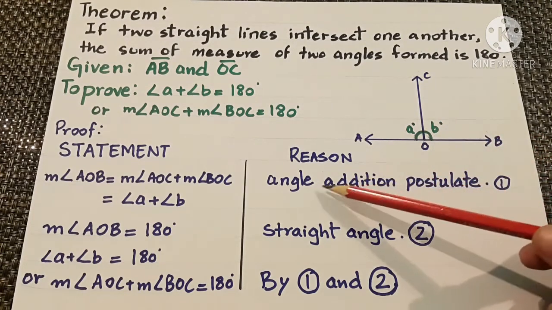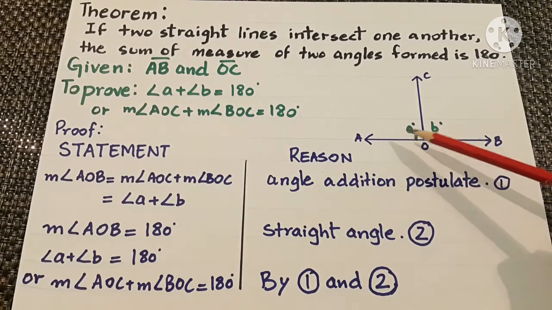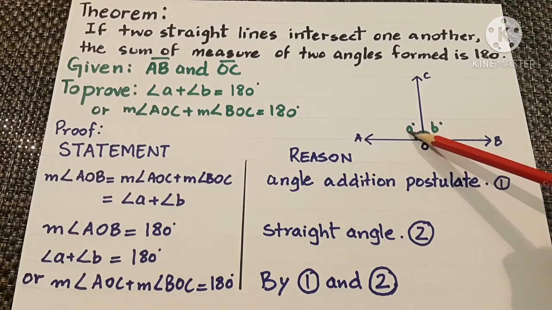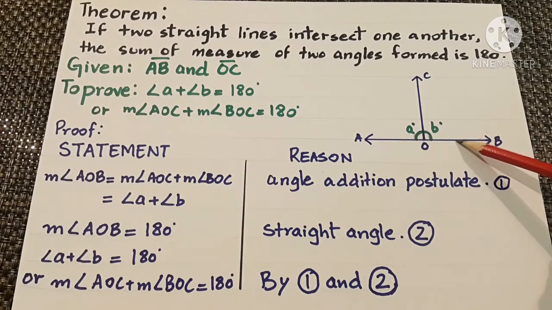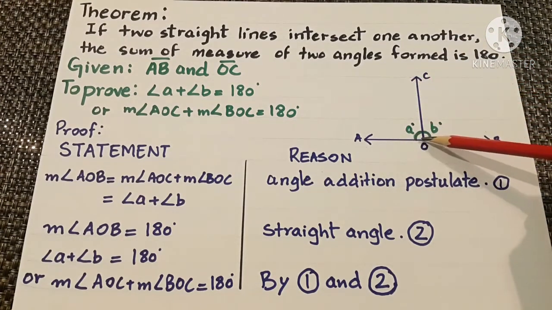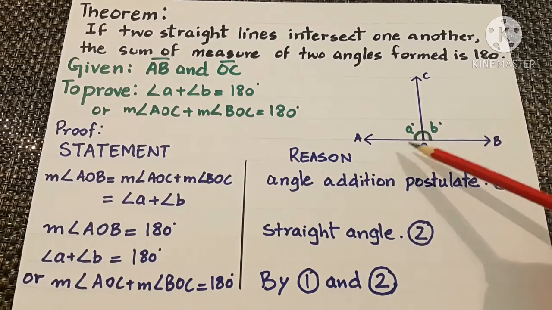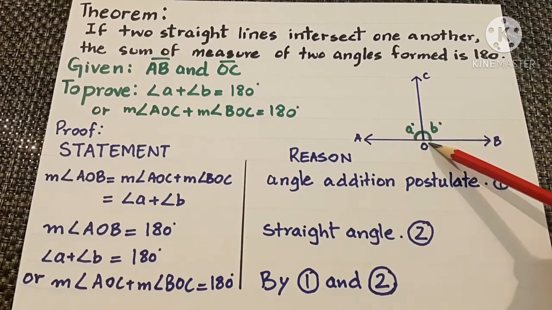And the reason is the angle addition postulate: when two lines are intersecting each other and they are sharing a common vertex, and we have the adjacent angles, when we add them, they give us the whole angle over here.